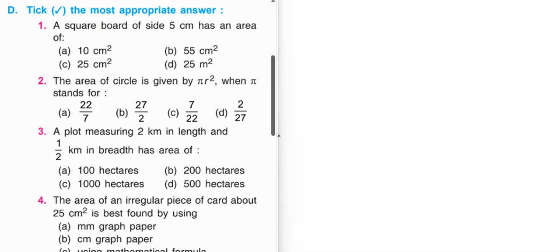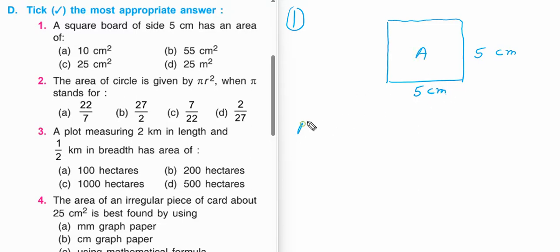Now we are solving objective type questions. Question number 1: a square board in the shape of a square, the side is 5 centimeter. Its area is equal to the square of the side.